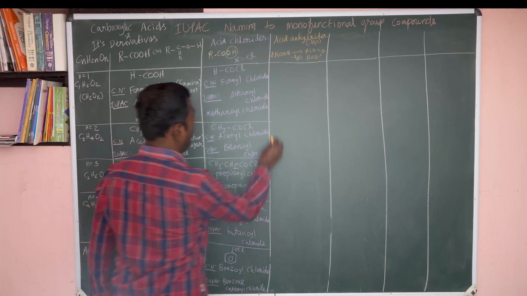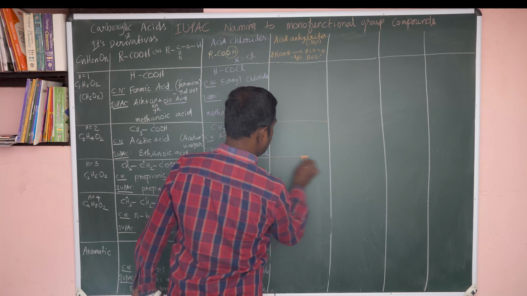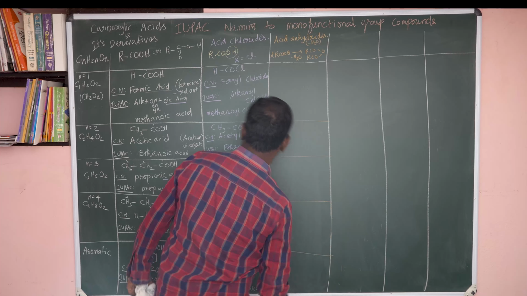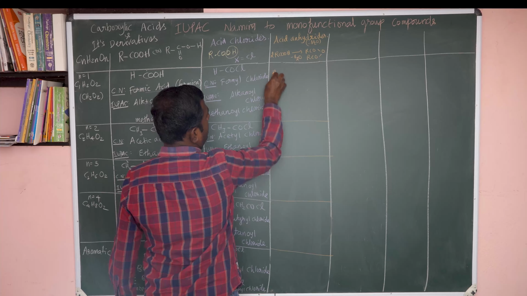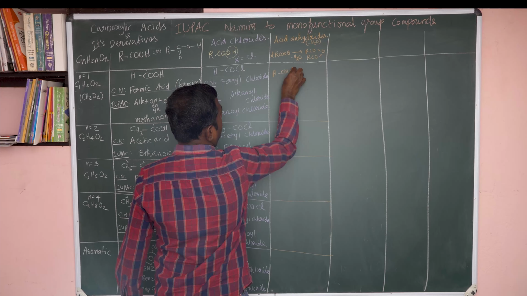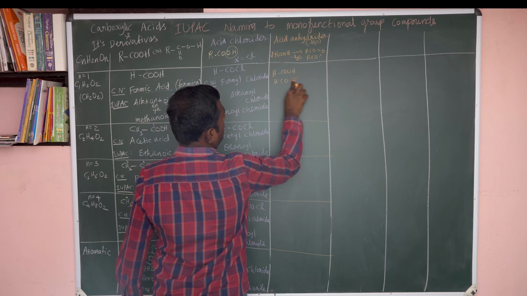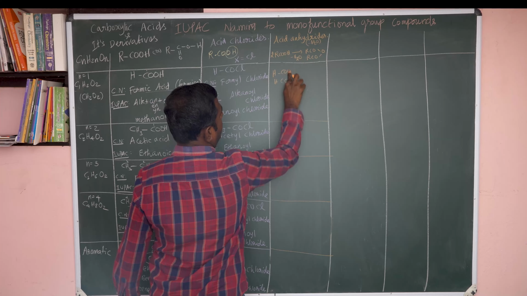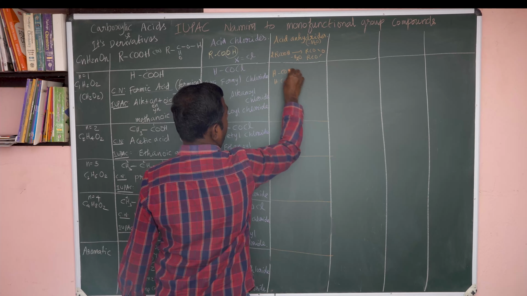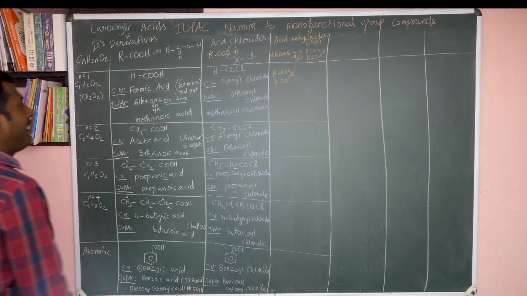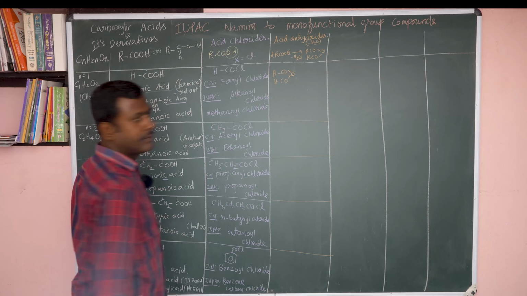So let us see the acid anhydride of formic acid. Two molecules of formic acid minus water: HCOOH, HCOOH, this OH and this H, water is removed and this O is written here. So this is the anhydride of formic acid.